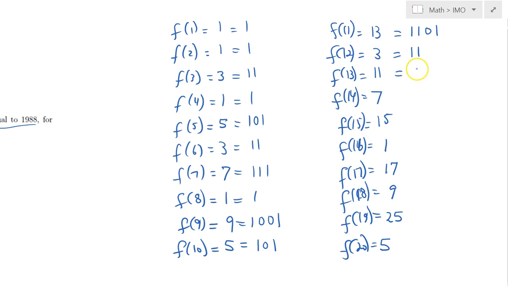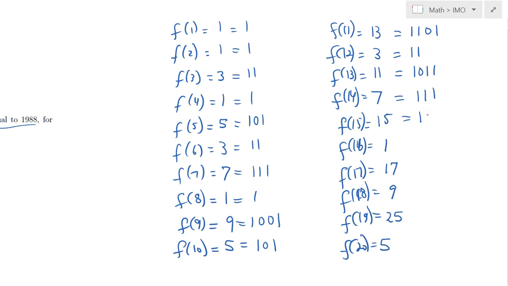That one, 11, would be, I didn't do it earlier, so it is 8 plus 2 plus 1, and 7 would be just 4 plus 2 plus 1.